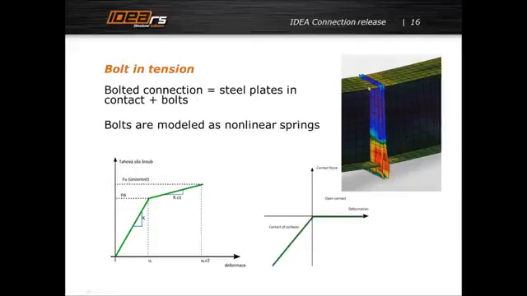We have bolted connections in the model, and in fact a bolted connection is the contact between two plates. For contact we have this diagram where in pressure the contact is in action, and in tension the contact is opened, like here. And there are bolts which are modeled like these nonlinear springs.